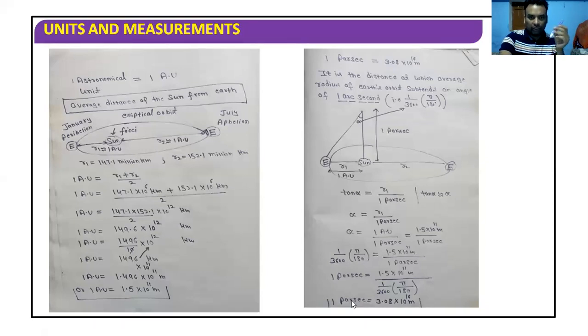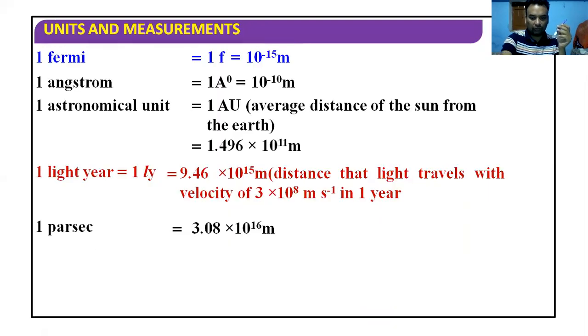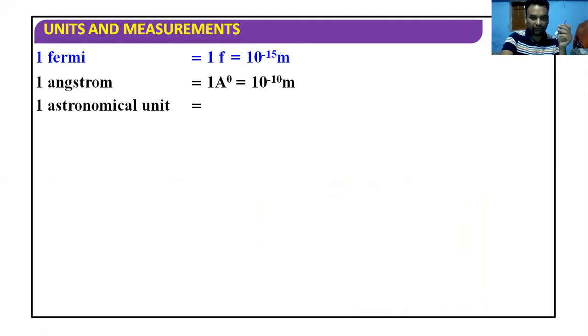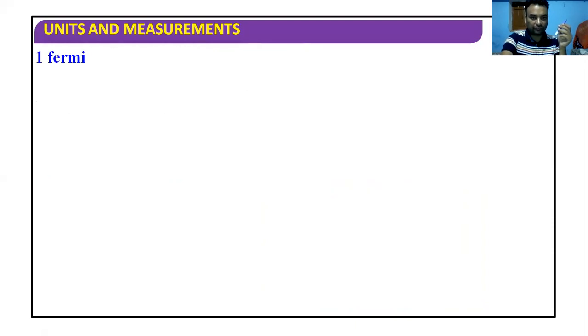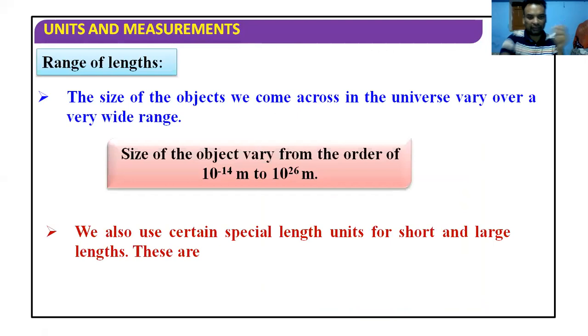So let me go to the backslide. Today our topic of discussion was range of length. In range of length, the range was from the microscopic level to the macroscopic level, from the size of the nucleus to the size of the universe.